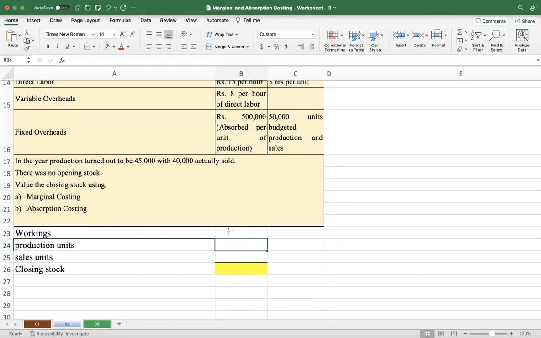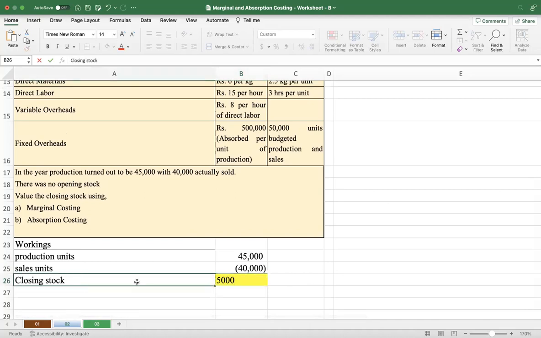They say the production is 45,000 that year and sales 40,000. If we produce 45,000 units and we sell 40,000 units from that, then how much remaining? 5,000, right? So first, before moving on with the question, we need to find the number of units remaining, closing stock.